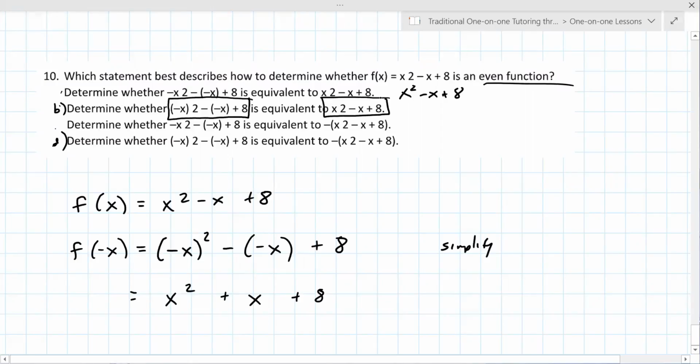What's a little odd about this is that this is not an even function, but the instructor is saying, well, what if it were an even function? How would you check that it is an even function? It's by putting negative x in for x, which we did, and then comparing it to the original.